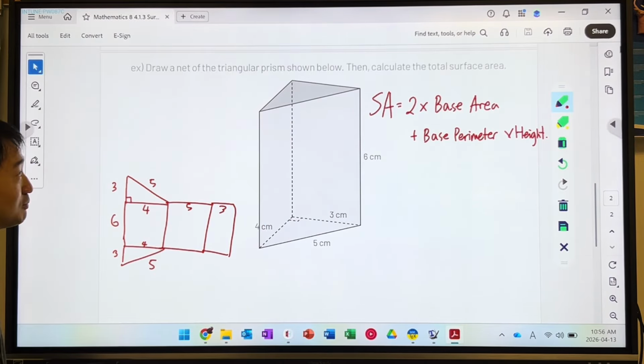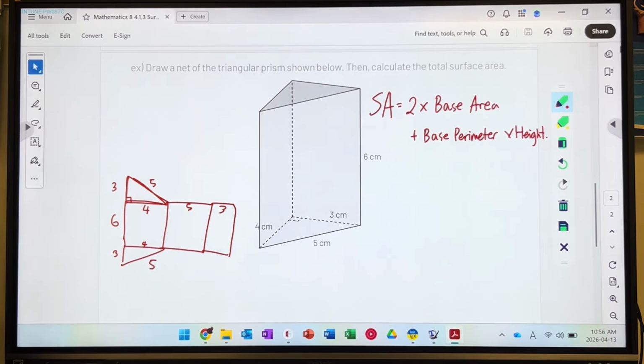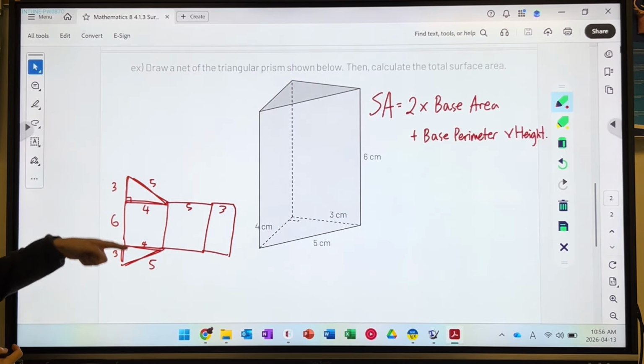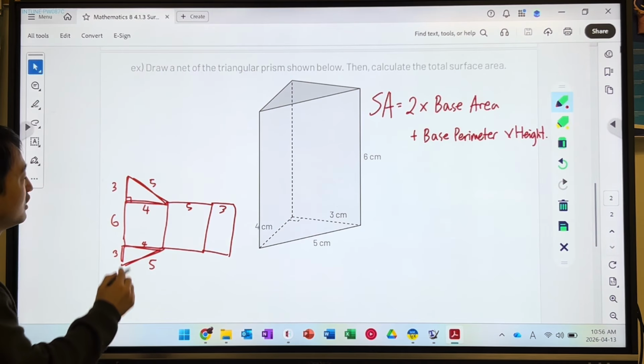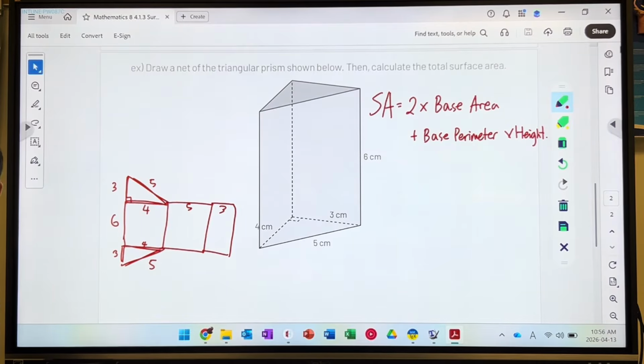Well, first of all, what is the base area? The base area is the area of the base, the top and bottom. And we already know that obviously we need to find the area of each triangle, and we have 2 of them, so we do 2 times the base area. What is the base perimeter? The base perimeter is the length around the base shape, the triangle.